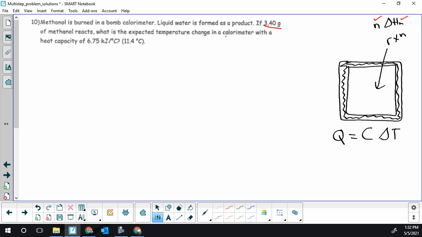So we're going to start with moles times molar enthalpy in the first half of this solution. Once we solve for those, we'll know how much energy was released by the chemicals, and that will ultimately tell us our Q value. The C value is given in our question, and so finally at the end we can tackle the change in temperature for this surrounding.